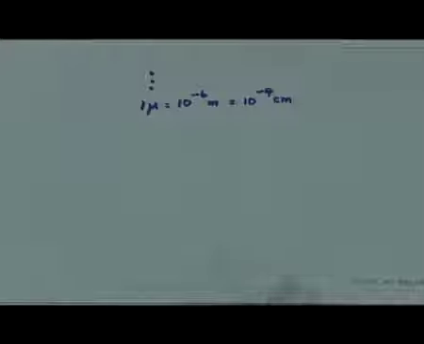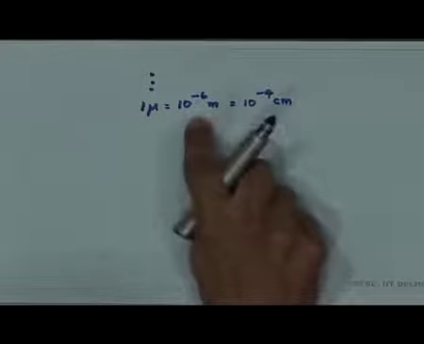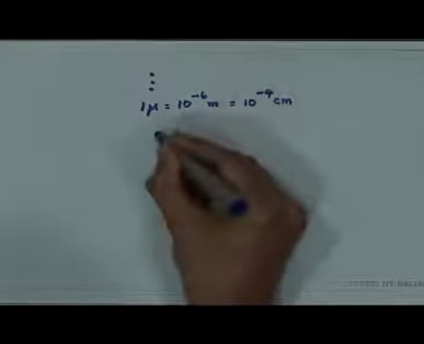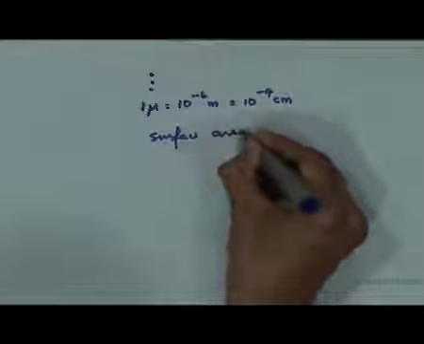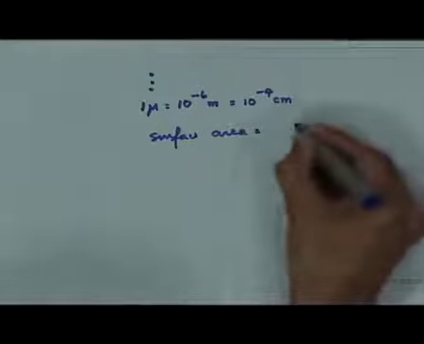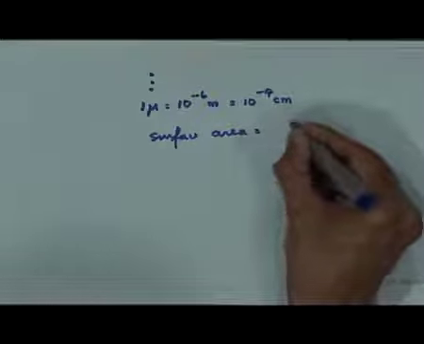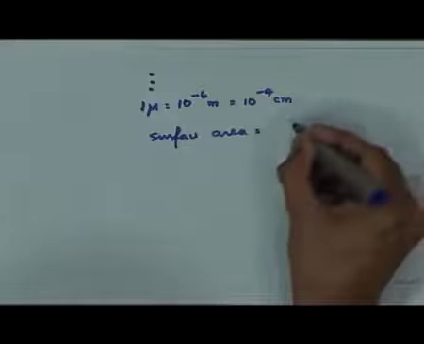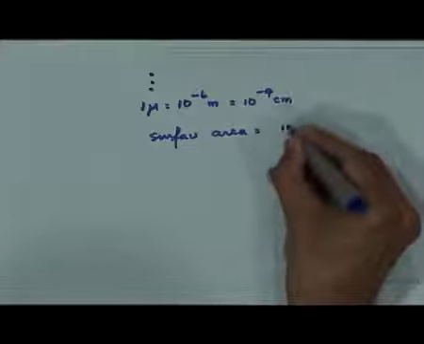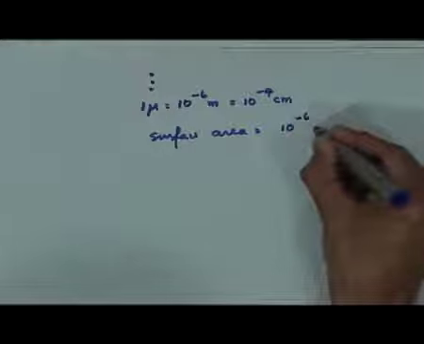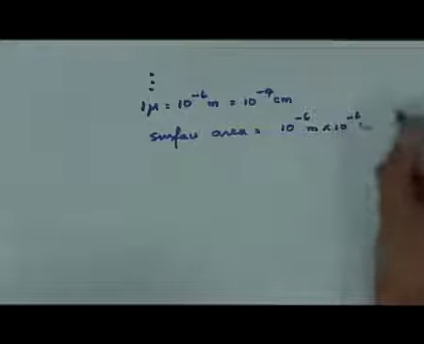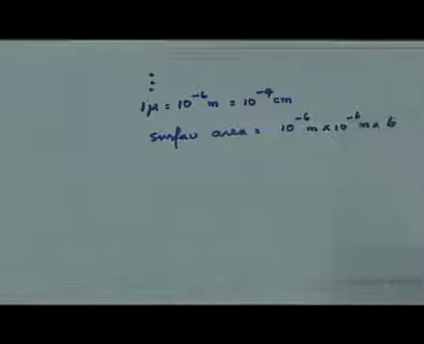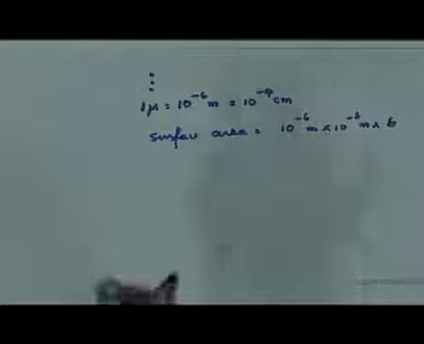If I did this, each cube would now have a surface area of 10 to the minus 6 meters into 10 to the minus 6 meters into 6 faces. That is the surface area of each cube that we have got.